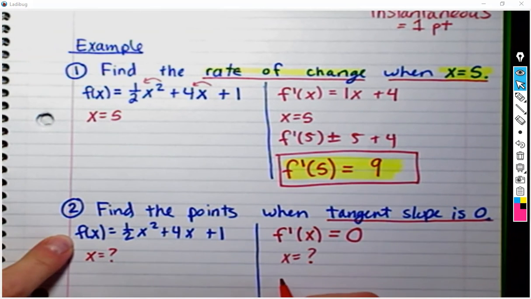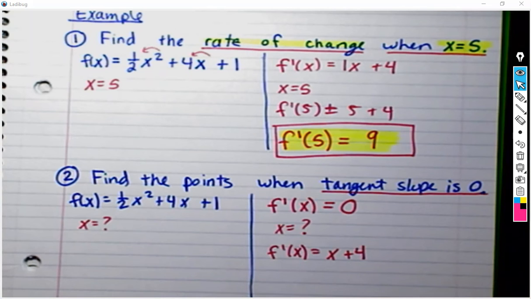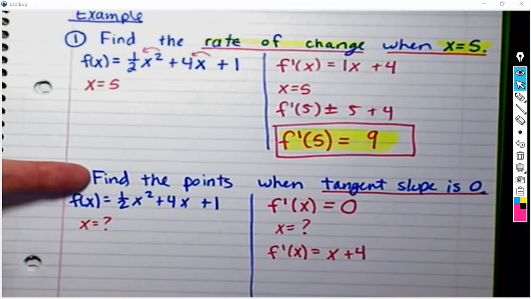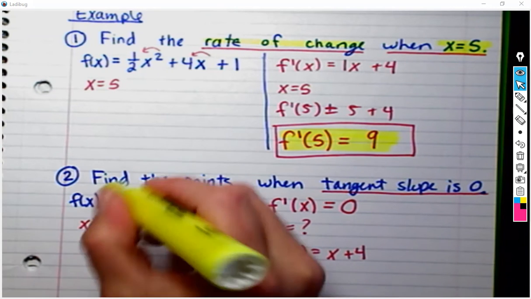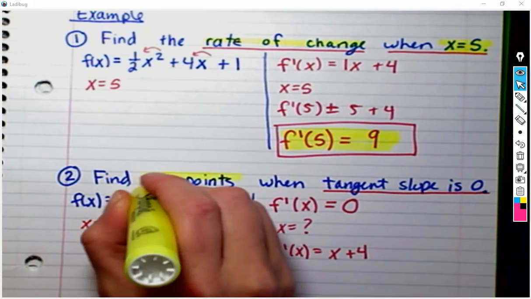Can I find the derivative? Yeah, I can find the derivative. Okay, that's what I have. So what are you going to set equal or put together to find x, right? Points are x comma y. Find the points.